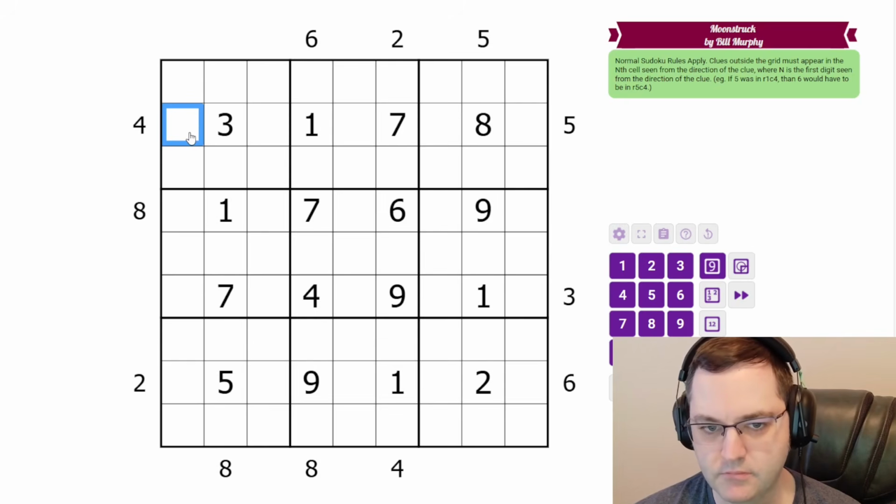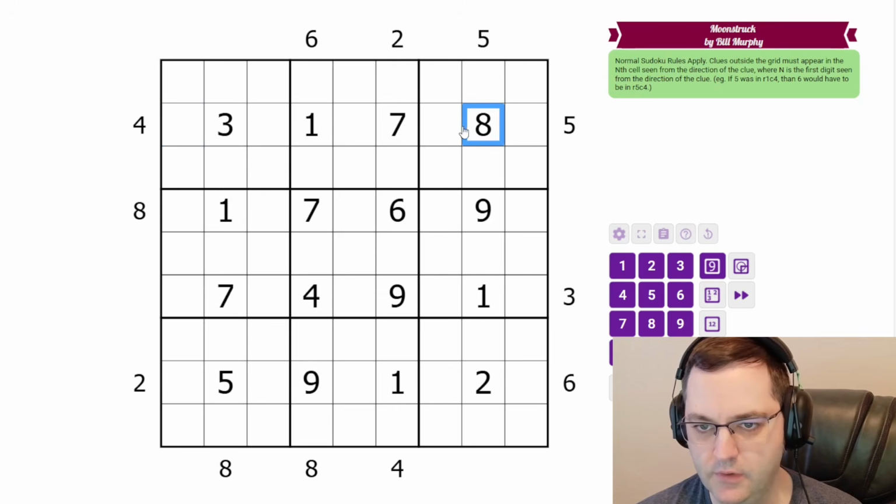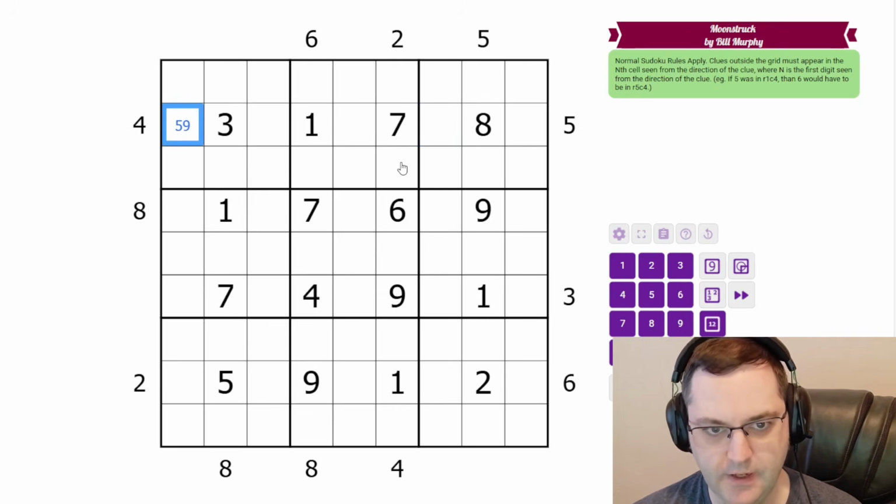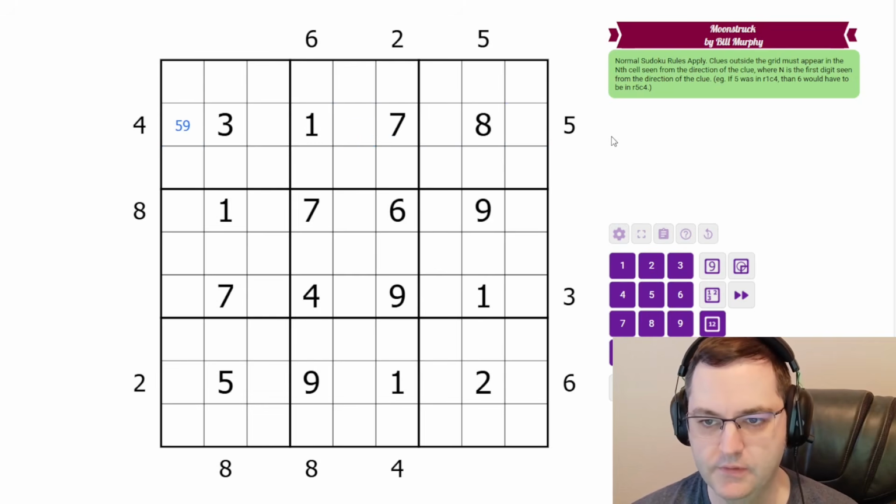That just never works if it's not a 1. If you put a 1 here, it's saying the 1st cell is whatever the clue is, but it's also a 1. Anyway, something to keep in mind with numbered rooms. It can't go in this 7th cell because of the 7. So this is 5 or 9. 4 is in one of these cells.